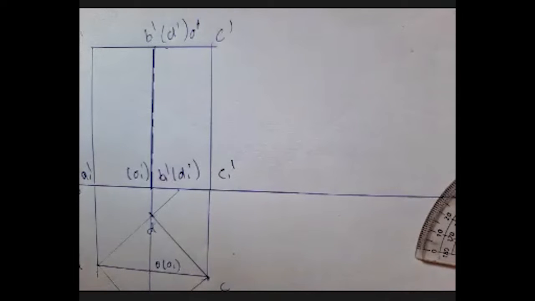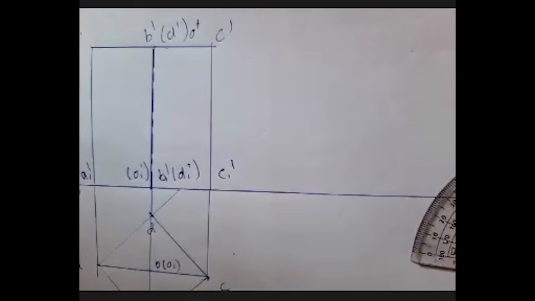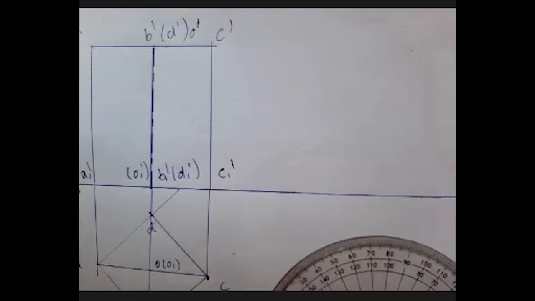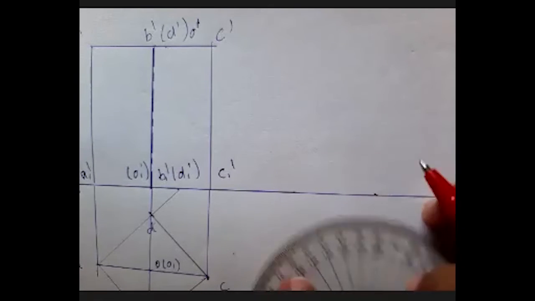Now, in my third phase of the diagram, I have an axis inclination with respect to HP of 40 degrees. So 90 minus 40 will give me a 50 degree line. I'll hold some point here.